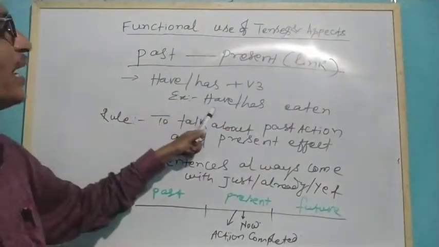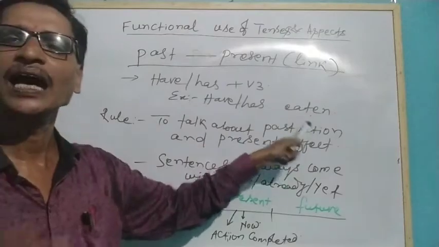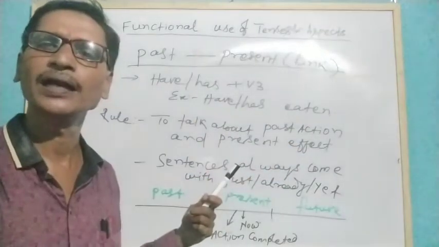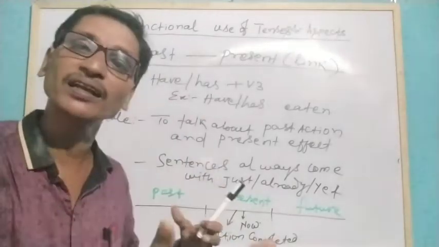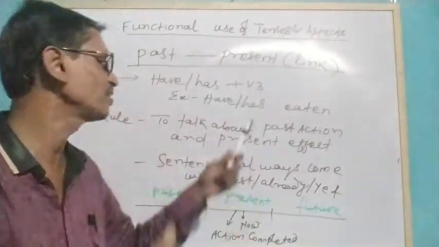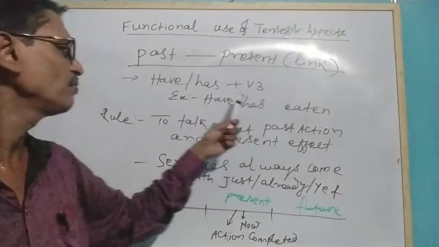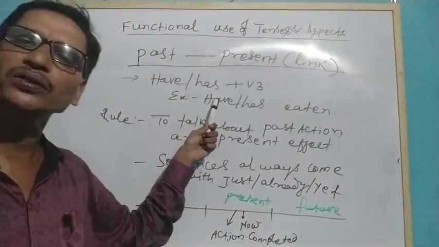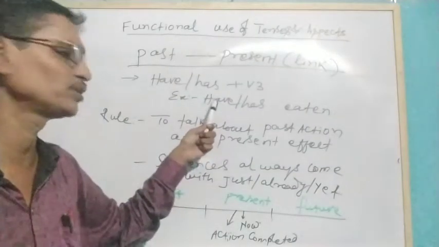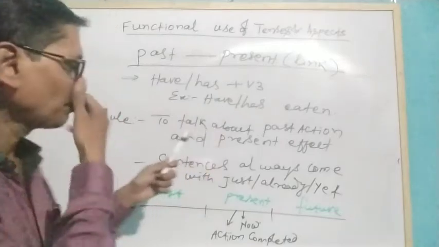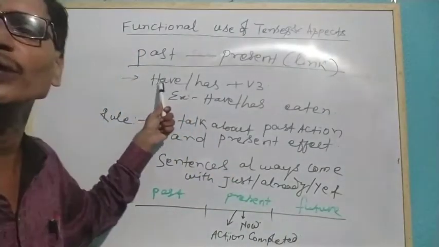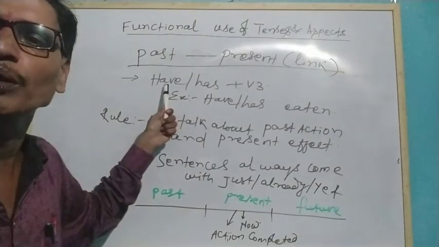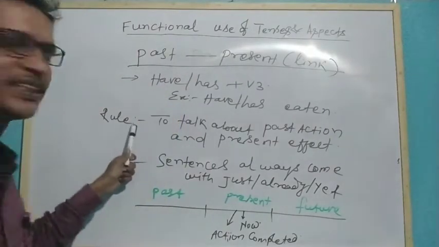The examples: I have eaten, I have written, my friend has eaten, my friend has written. When the subject is singular, we use has. When it is plural, I, we and other plural subjects, we use have, as you know. But in what situation do we need to use this have/has plus verb third form? Let's discuss from this route.